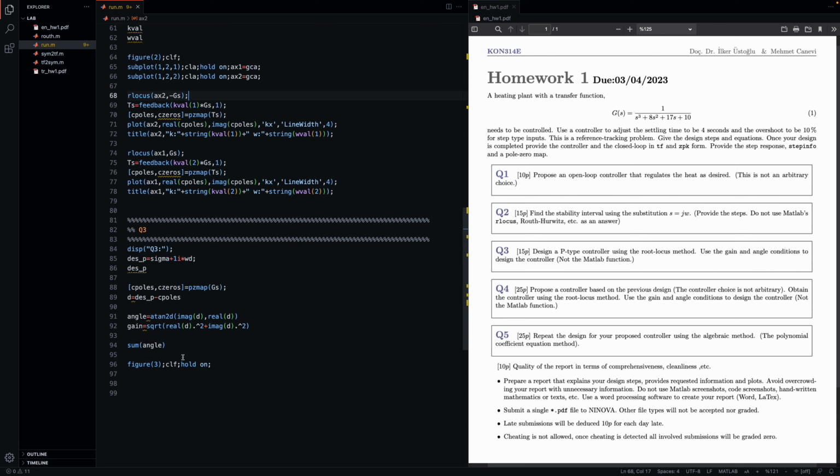Now let's take the root locus here, like this, and then let's plot basically the desired point. So it's going to be sigma, comma omega d, and then kx, for example, or something else. Line width 4 to showcase it even better.